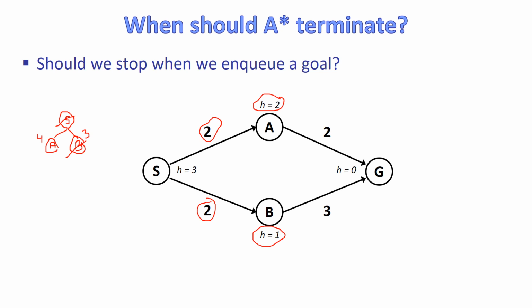B. Okay, so we expand B, which will give us G, and what will be the cost of G? No. Backward is from the start state, Ghanem.